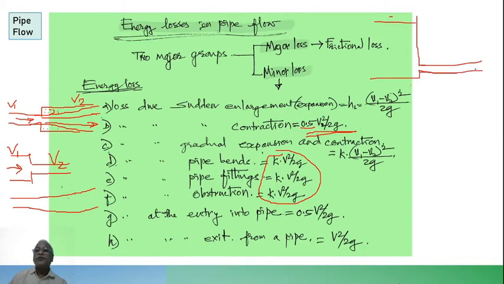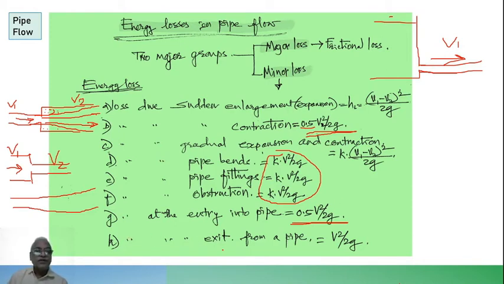When it enters the pipe, obviously it will have some velocity depending upon the head as well as the diameter of the pipe. So V squared by 2g multiplied by 0.5 gives you the entry loss. This entry loss and sudden contraction are similar, 0.5 V squared by 2g, because here also you can think of it as a sudden contraction itself, right?